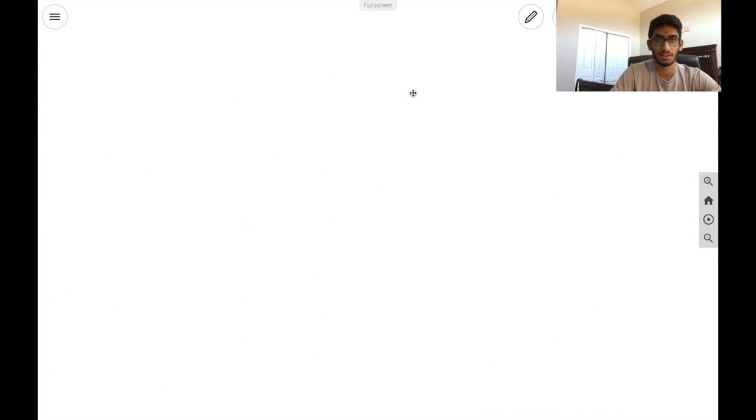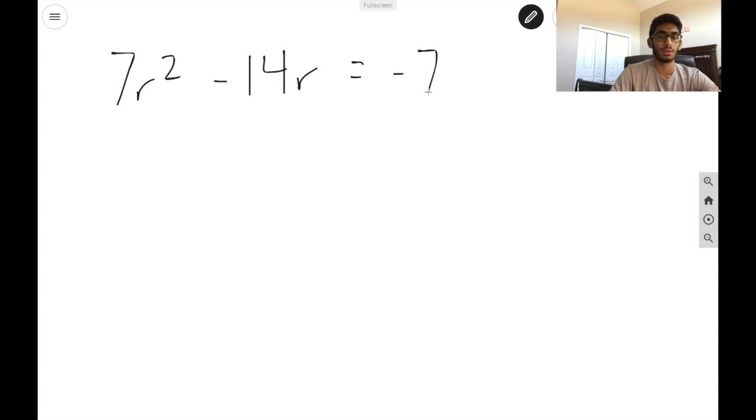So we have 7r squared minus 14r equals -7. This problem is a little bit different because it's not in standard form. Standard form for a quadratic is ax squared plus bx plus c equals 0.